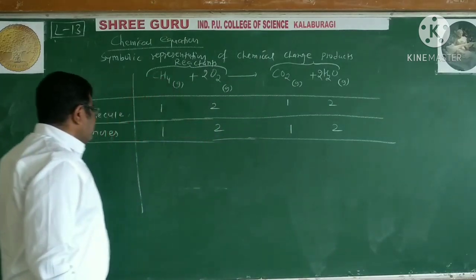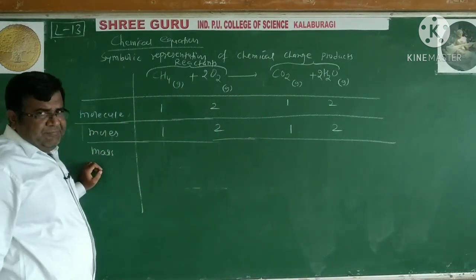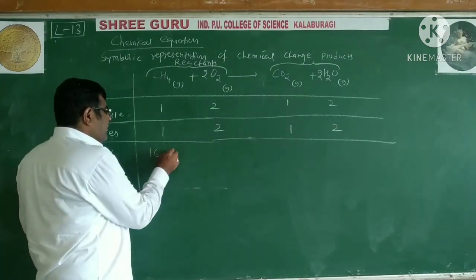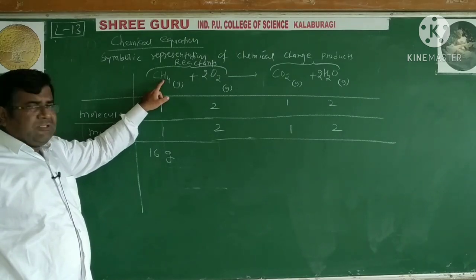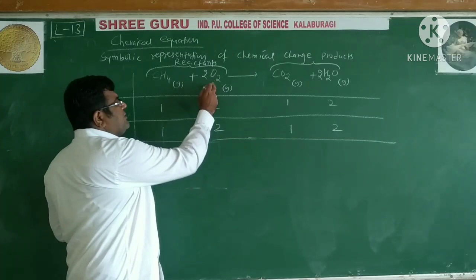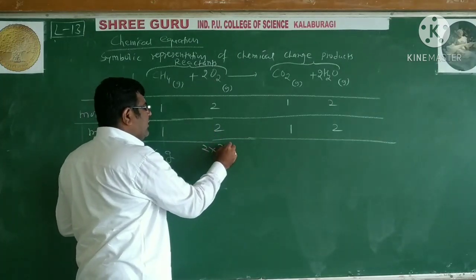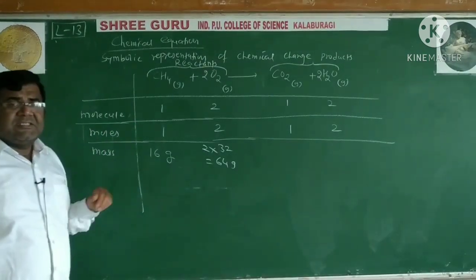Regarding the mass, 1 mole of methane is nothing but 16 gram, carbon is 12, 4 hydrogen, 1, 1, 1, 1, so it is 16. This is 2 into 32, that's why it is 64 gram.